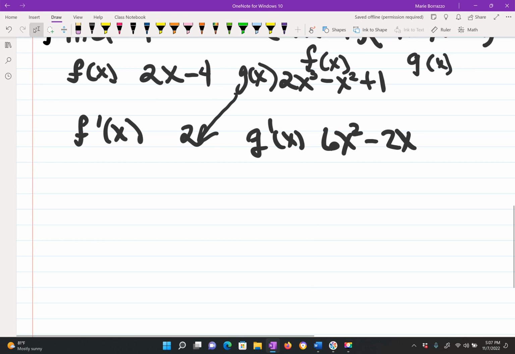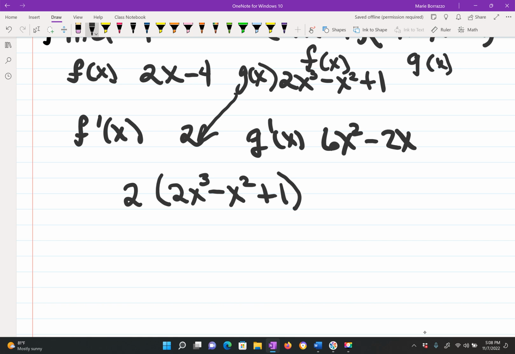All right, so that gives me initially 2 times 2x cubed minus x squared plus 1 minus, and then I'm going to multiply this way. This is my number 2, this is my number 1.